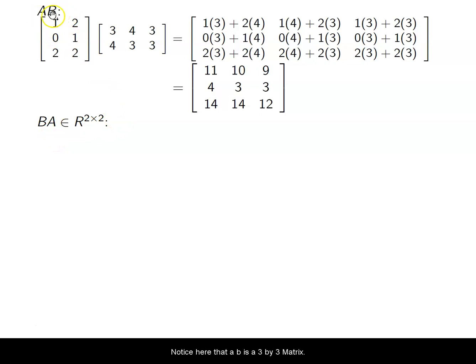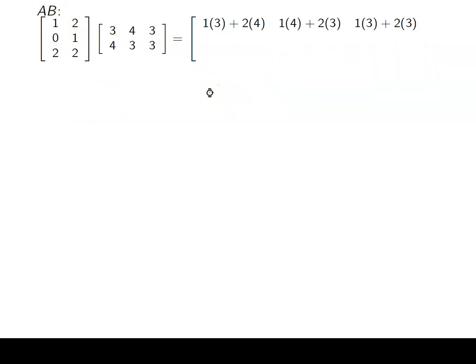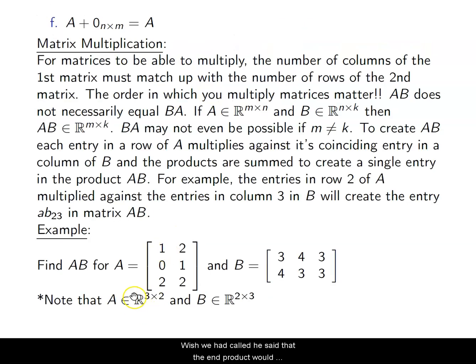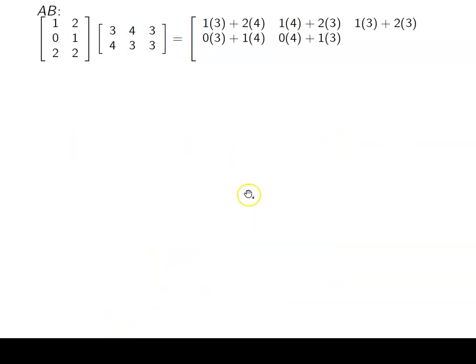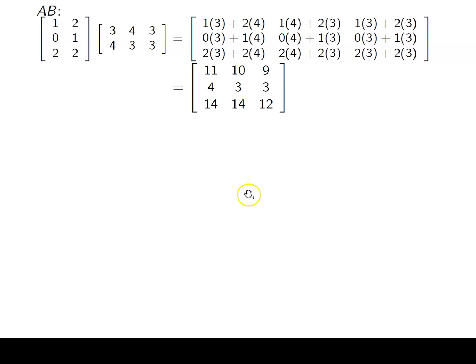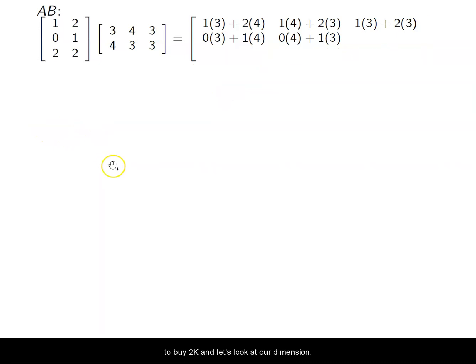So, notice here that AB is a 3 by 3 matrix, okay? We said that the end product would be a 3 by 3 matrix, and it was, okay? Now here I'm saying that B times A should be 2 by 2, okay? And let's look at our dimensions.